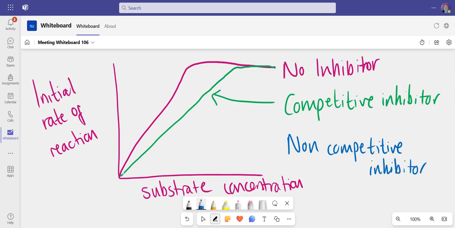So the more substrate you add, it's still going to cause this upward line, but it's going to be lower again than, well, it's not necessarily lower at the start. The very start might be the same. But what happens is that it's going to plateau sooner. That's the real significance of it.